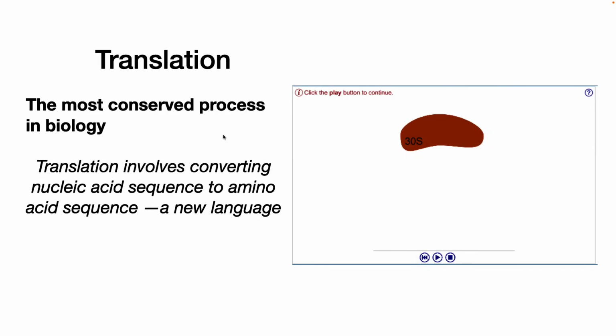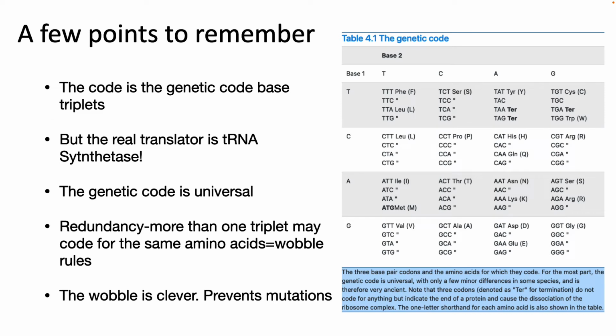Let's go through some specifics. Before we begin, a few points to remember. The key to translation is the genetic code in which base pair triplets signify what bases code for which amino acids. So why 3 bases per codon? Well, you are translating a 4-letter language, that of bases, into a 20-letter language, amino acids.